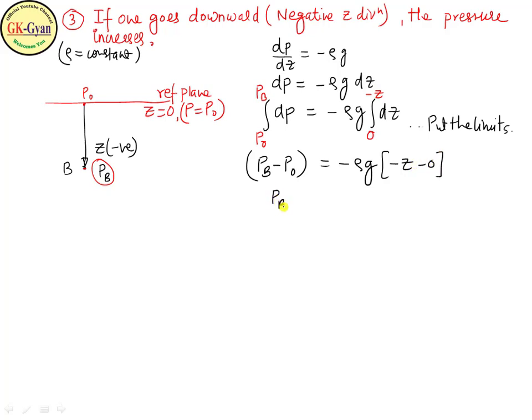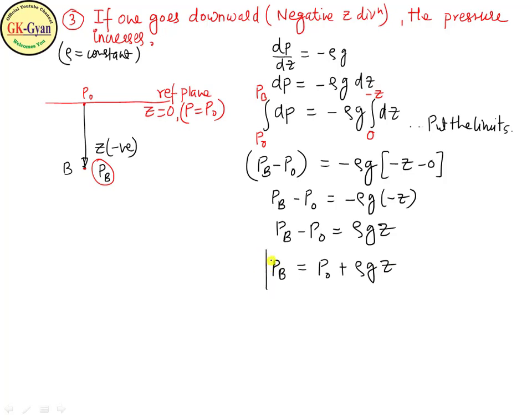So here Pb minus P0 equals minus rho g into minus z, so it will be positive. So Pb minus P0 equals rho gz. So Pb equals P0 plus rho gz. So this is the value we get. If you move downwards in the negative z direction, the pressure will increase.